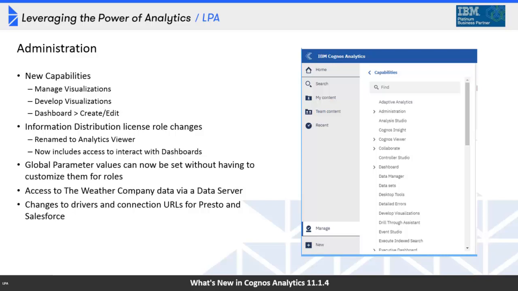In addition to being able to pick up pre-run report outputs, you can now also open and interact with dashboards with that same viewer. The Weather Company, an IBM company, now has a data server entry there, and there's a couple of changes for Salesforce and Presto.